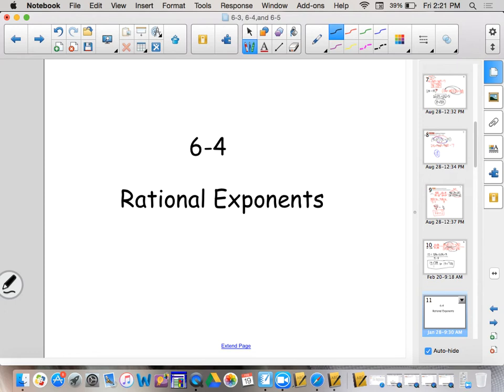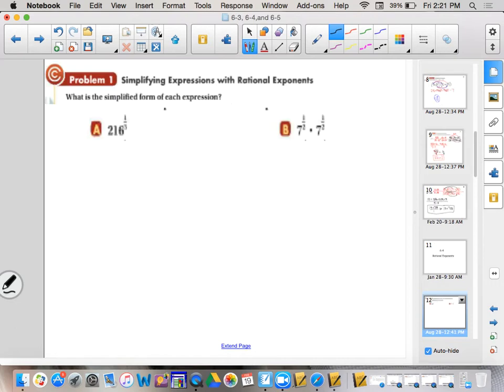For rational exponents. So they want us to simplify expressions with rational exponents.